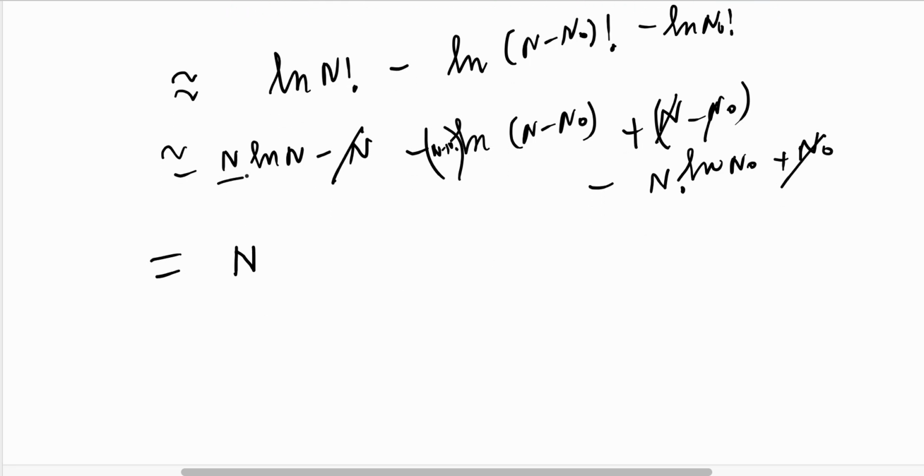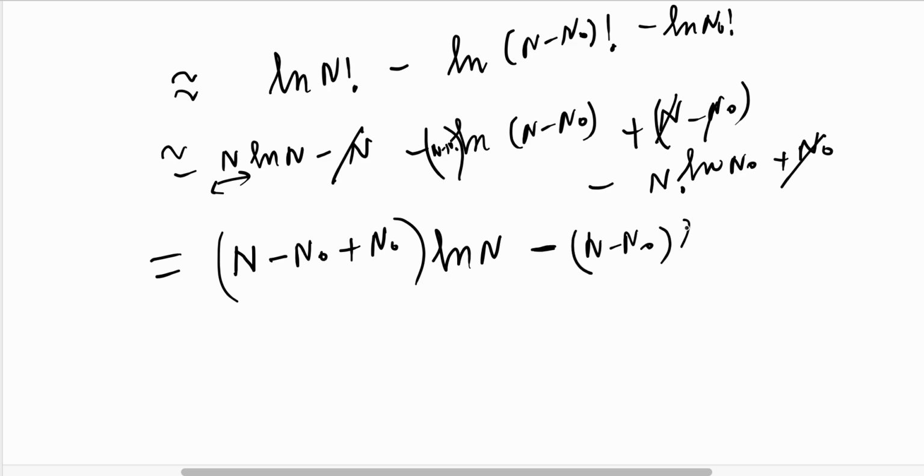Now if we rewrite this equation, n as (n minus n0) plus n0, you can see n ln n minus (n minus n0) ln (n minus n0) minus n0 ln n0.